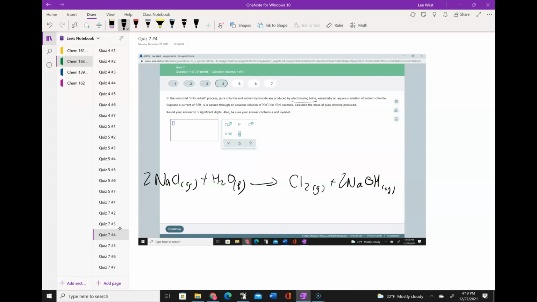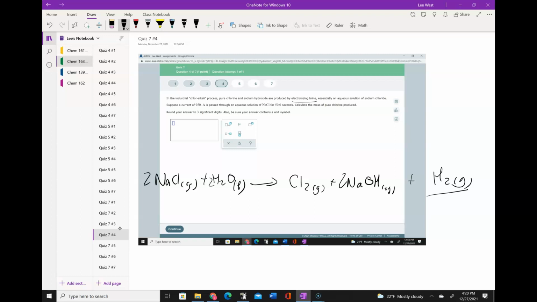And there must be another product, otherwise this isn't going to work out. And I think that other product is hydrogen gas from memory. So if we do that, we would need 2 of those. And then I believe that this makes hydrogen gas. We could look that up if we wanted to, but it isn't actually that important.